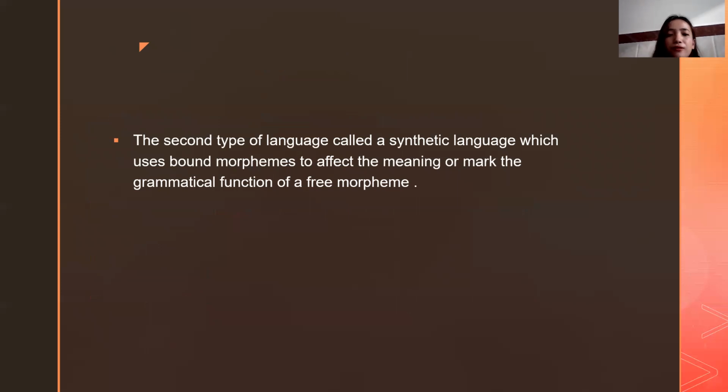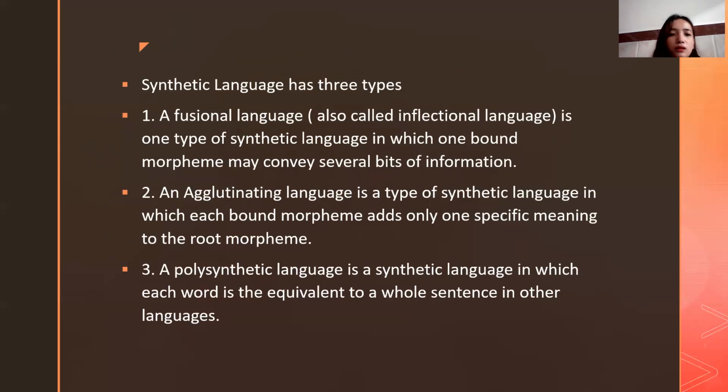The second type is called a synthetic language, which uses bound morphemes to affect the meaning of or mark the grammatical function of the free morpheme. Synthetic language has three types.